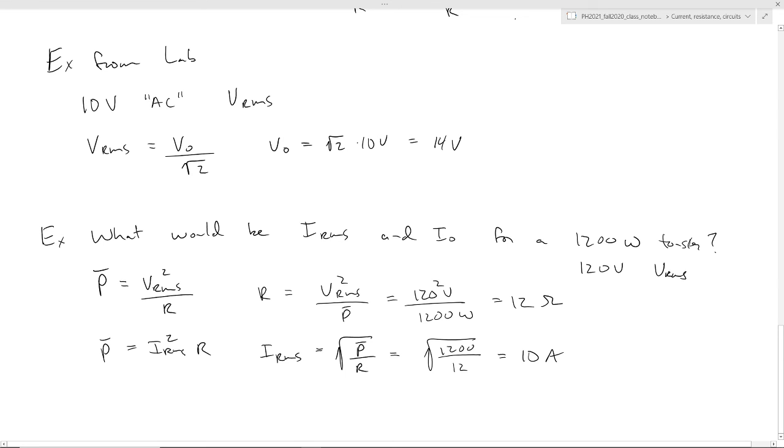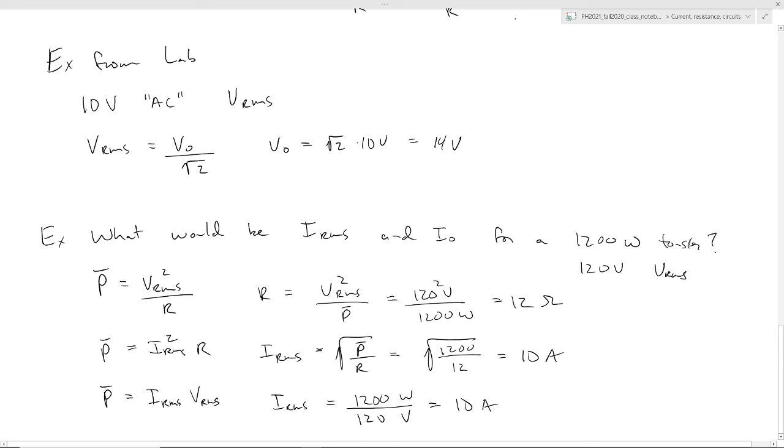And then we could also get this directly by just noting that our other definition for power still holds, that it's just IV, except it would be IRMS times VRMS. And you can see that we can get this directly. In other words, IRMS would also equal our 1200 divided by 120, and that would give us 10.